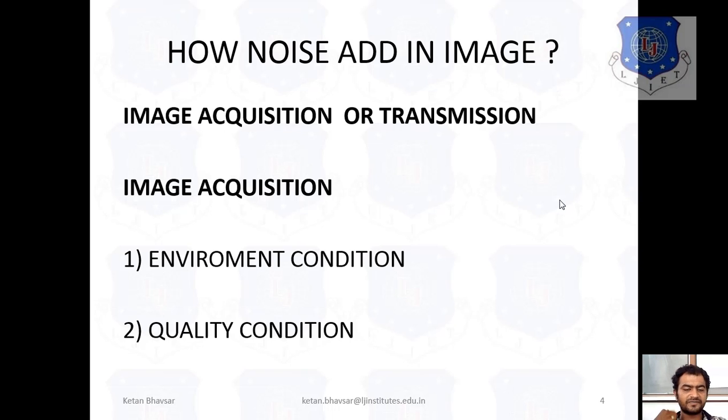So different types of noise are added. Now we talk about noises added because of environmental conditions, like fog, which can be artificial or natural fog, rainy conditions, winter conditions, or maybe some sunlight. These are the different conditions in which noise is added to particular images.